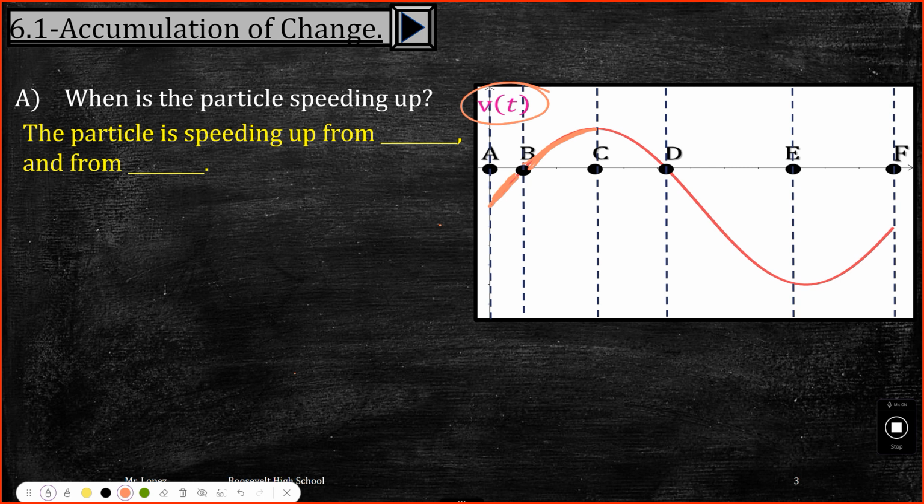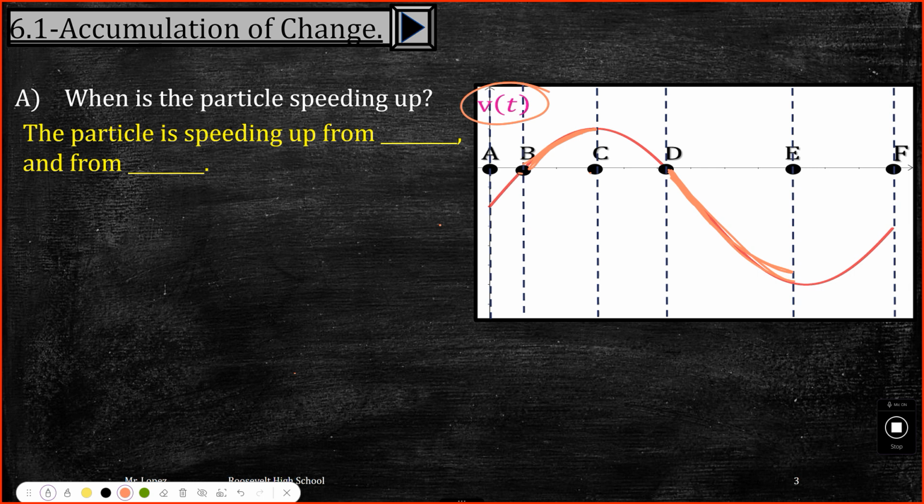Both are matching up, so it has to be B to C. And then here the velocity is positive but the acceleration is negative. And this is negative velocity, negative acceleration, D to E. They don't match up.